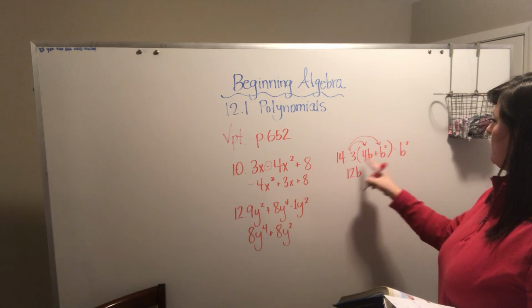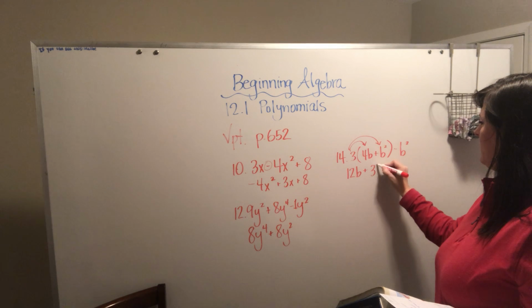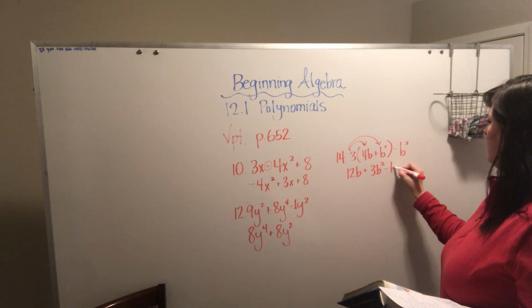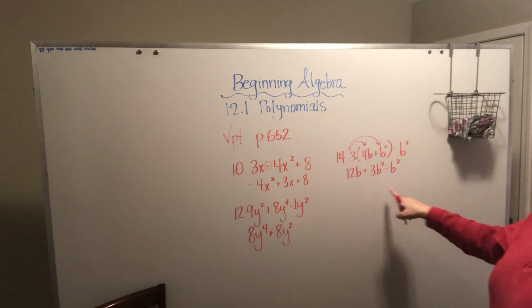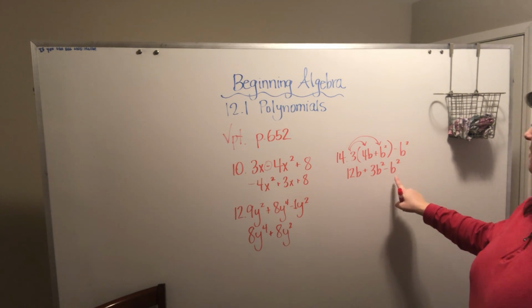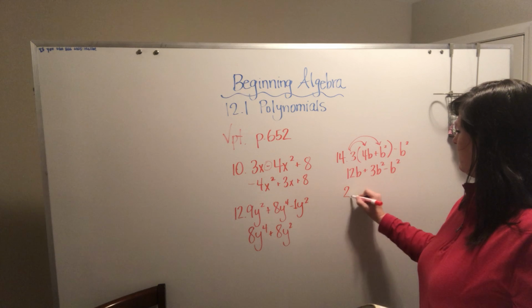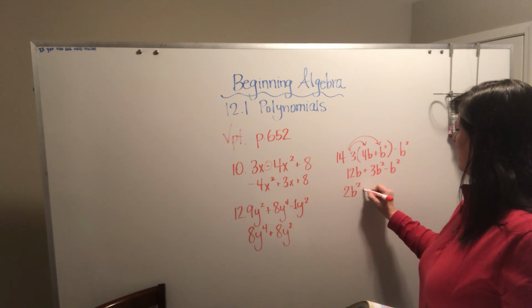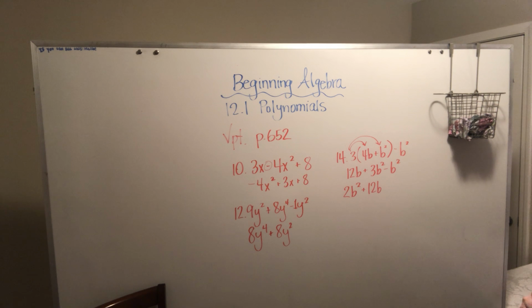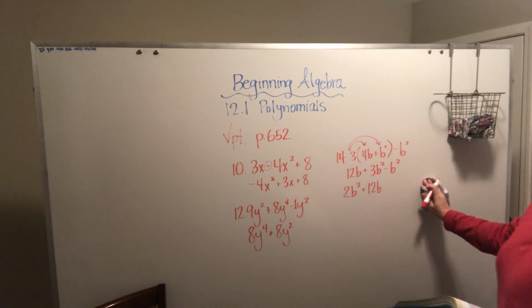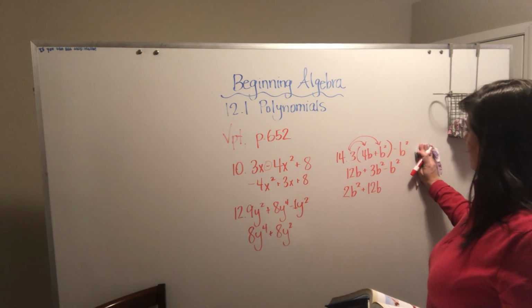So now I have 12b plus 3b squared minus b squared. Combine your terms. Rearrange. 3b squared minus 1b squared is 2b squared plus 12b. And that is your simplified answer. Great. Let's move on to the last.